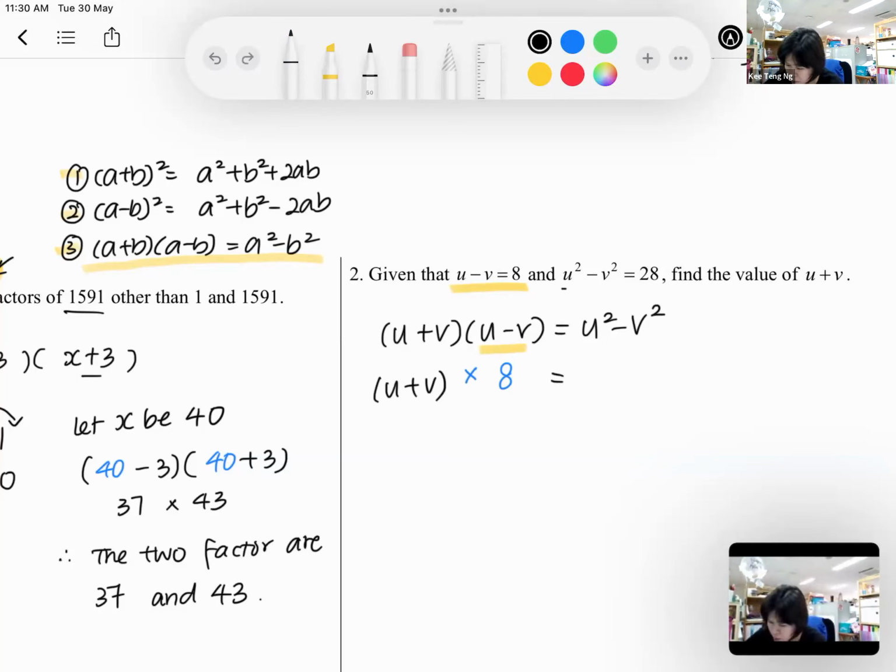Okay, they gave me the value for it, so I replace this with the number 28. All right, then how do I get rid of the 8? This is where the mistakes start to come out. It's supposed to divide by 8, not minus 8. So divide by 8. The answer for u plus v will be 3.5.